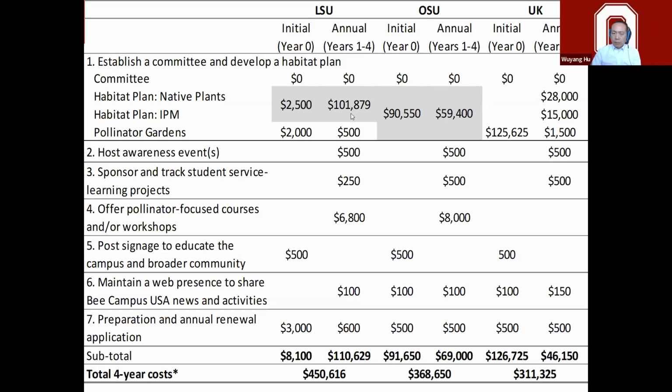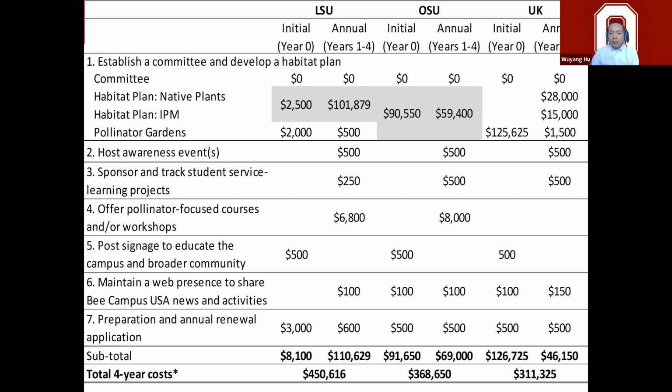Taking LSU as an example, LSU is more concerned about weeding, about maintaining the grass and everything, because it's a southern school, with more of that in the south, and their annual cost, as you can see, is higher. So this is a lesson learned. In the future, if we ever want to do a cost-benefit analysis across different campuses, we probably should put more effort on the cost side estimation, really knowing exactly what each campus is looking for, and getting a good estimate.